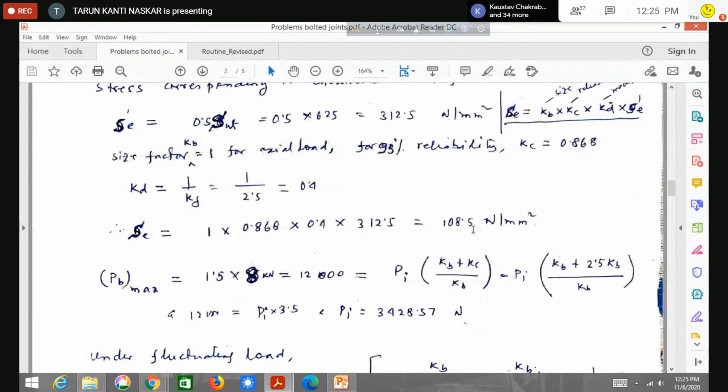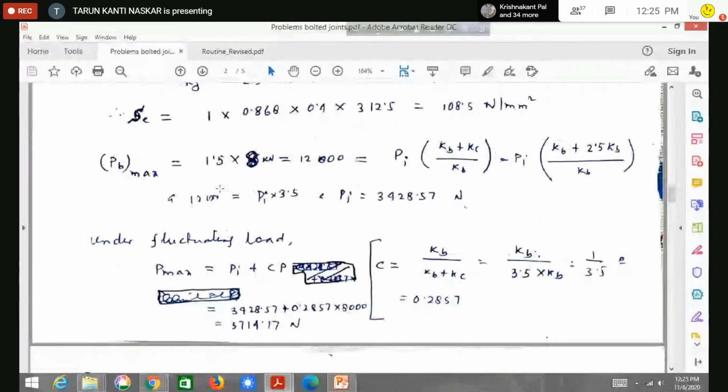Then Pi max equal to 1.5 multiplied by 8 kilonewton. That is 50% overload; it is mentioned in the problem that 50% overload is to be considered. Then Pi equal to this thing, so ultimately we can find out the value of Pi.